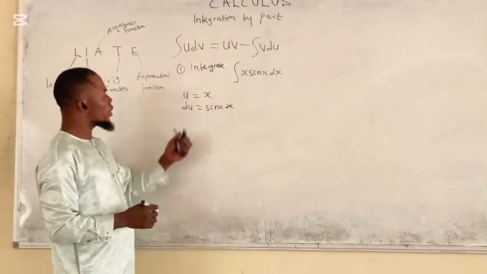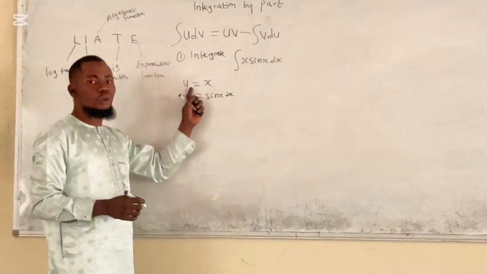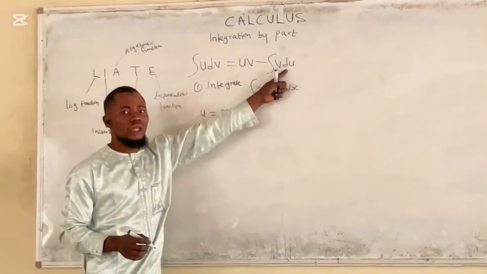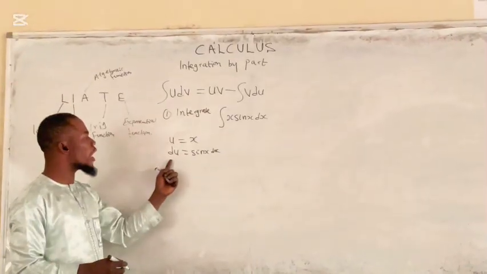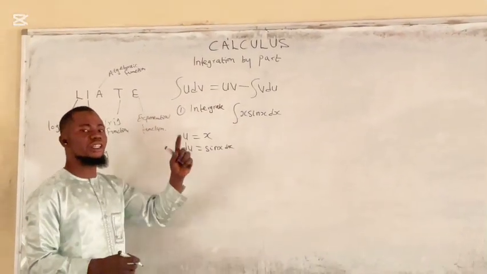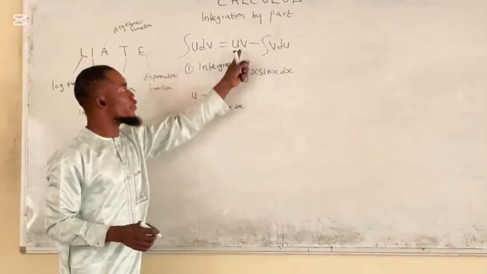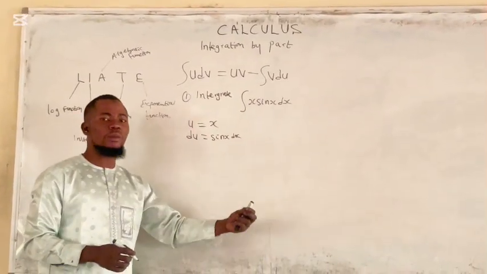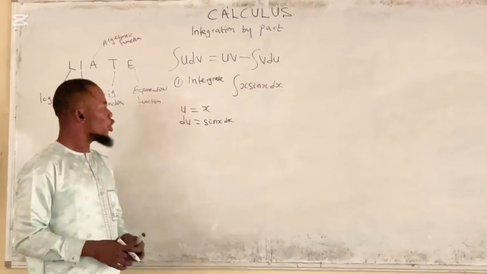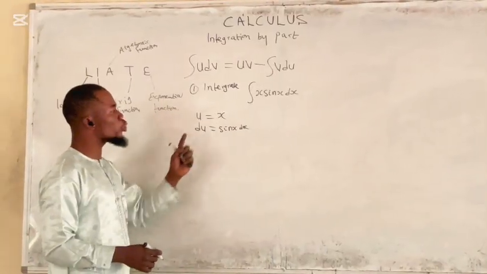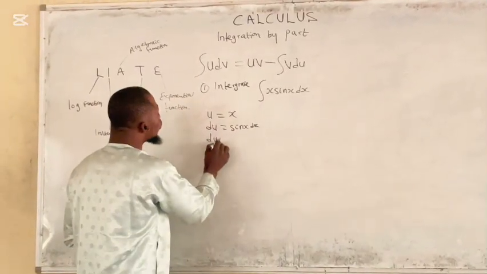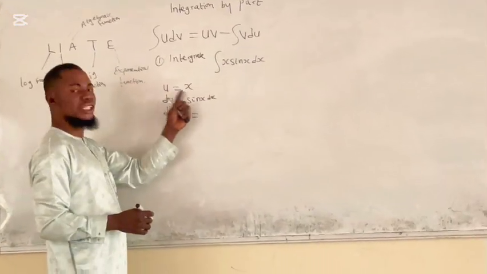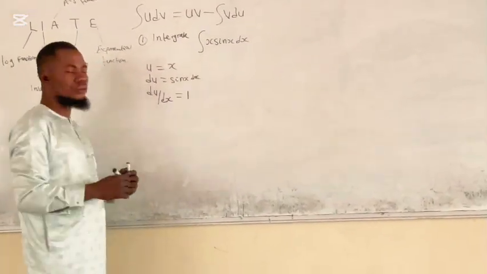Anyone that you take as your u, you will differentiate to get du, and anyone you take as your dv, you will integrate to get v. That is the reason why it is called integration by parts: differentiate one part and integrate the other part. Differentiating u with respect to x, du/dx equals 1, since the derivative of x is 1.